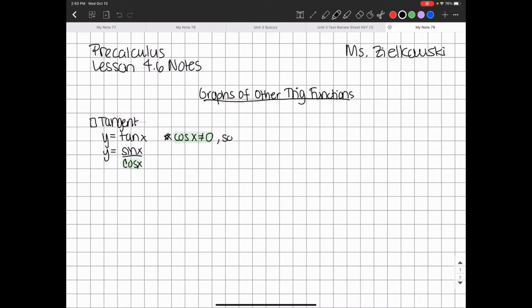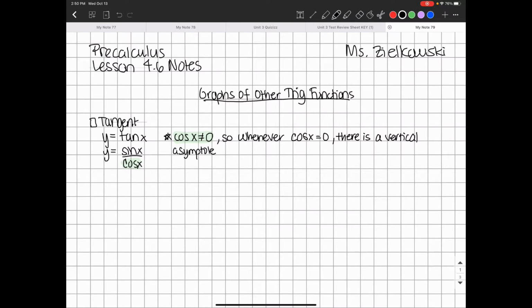So whenever cosine of x is equal to 0, there is a vertical asymptote. Back to what we did with rational functions, whatever's in the denominator after I've simplified, as simplified as I can make it, makes a vertical asymptote because there is a break at that x value.